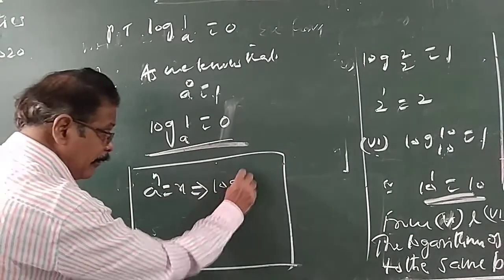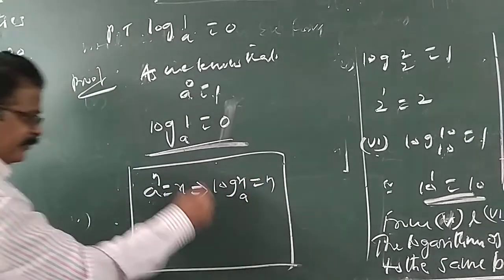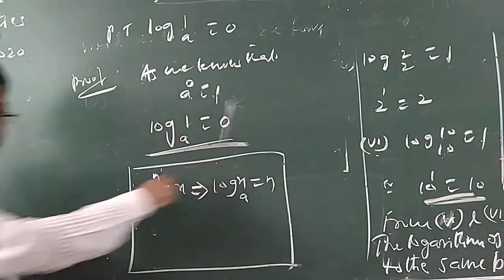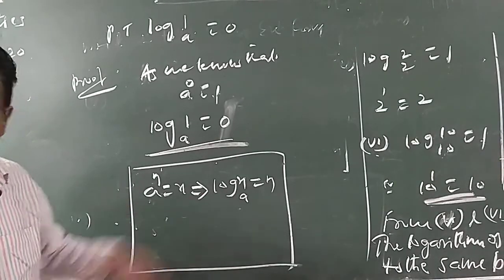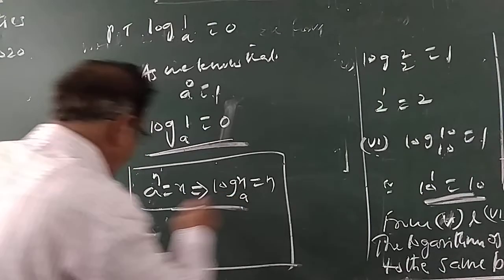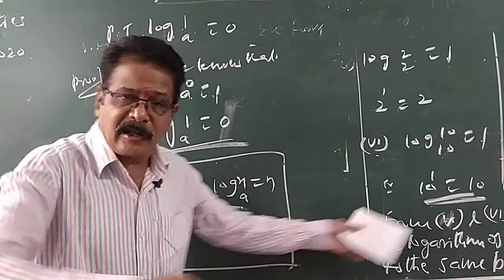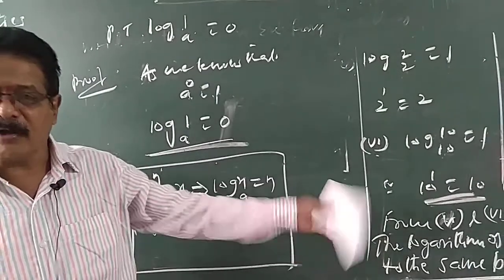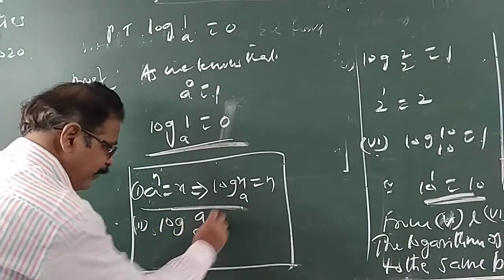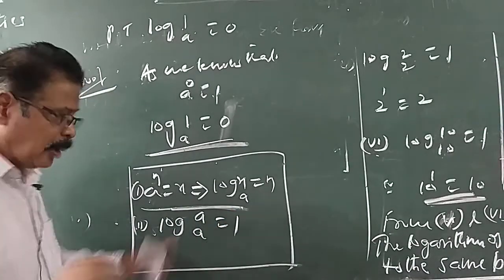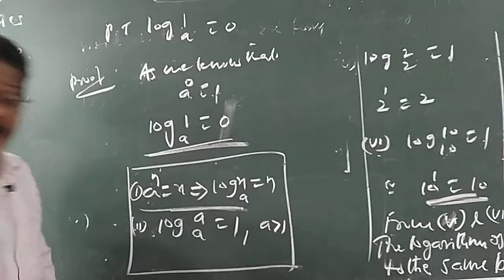Log x base A equal to n. In both the forms, the base will not be changed. Base will be the same. And one more, the logarithm of the number to the same base is always 1. Log A base A equal to 1. A should be greater than 1.